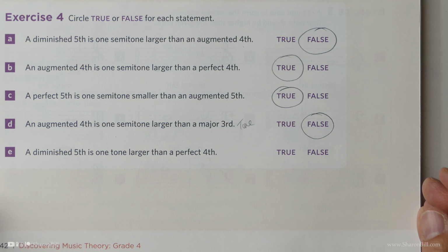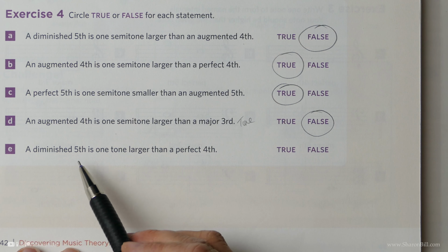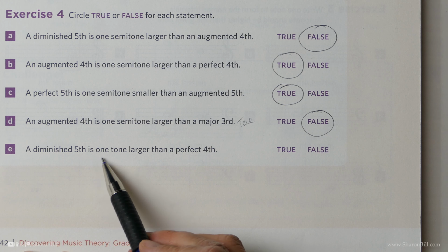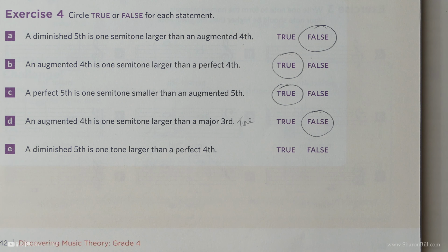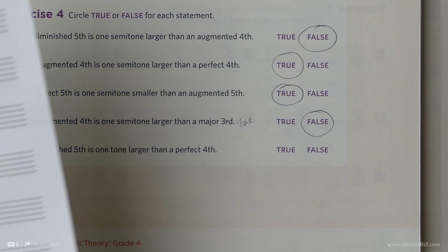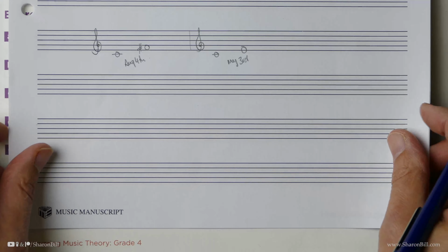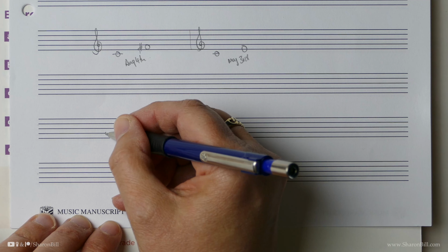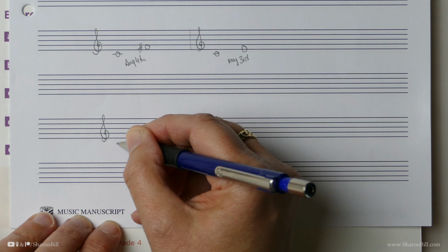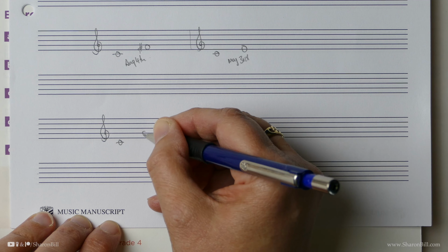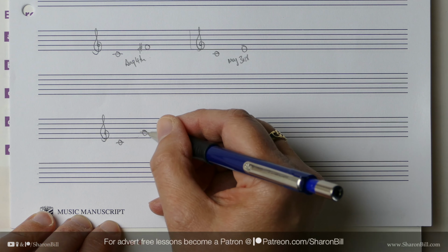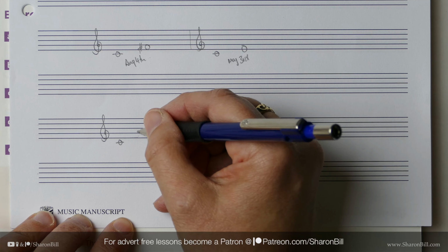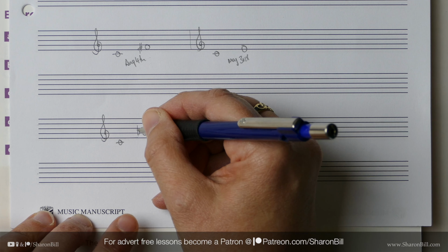Now, is it true or is it false that a diminished fifth is one tone larger than a perfect fourth? Let's have a look at that. So a diminished fifth, if we're in the treble clef, a fifth is from C to G. That would be a perfect fifth, 1, 2, 3, 4, 5. And a diminished fifth is a G flat.